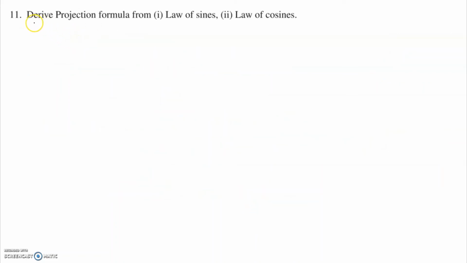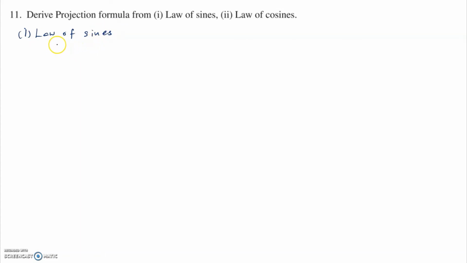Question number 11. Derive the projection formula using first the law of sines and second the law of cosines. So let's take the first part, which is the law of sines.